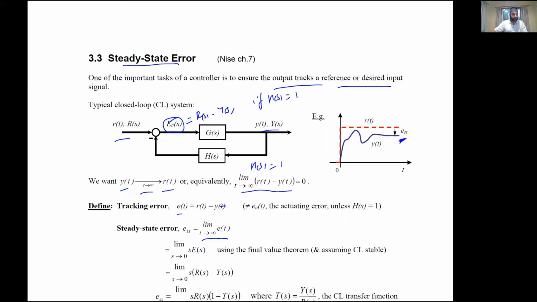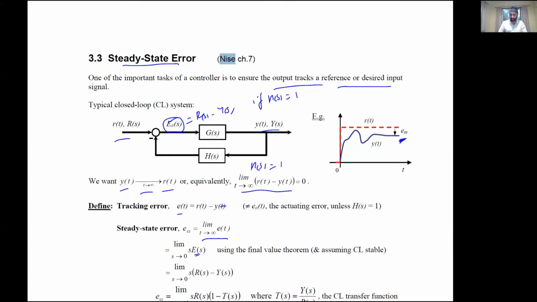There is also a note on this final value theorem, which says that this theorem is valid if all the roots of the denominator of the signal, which is E(s) in this case, have negative real parts and no more than one can be at the origin, which is a mathematical way of saying that this E(s) should be a stable signal, so it should approach some steady state value.